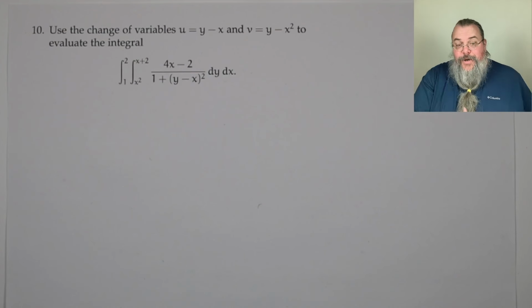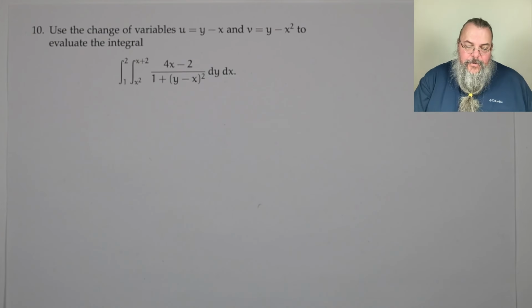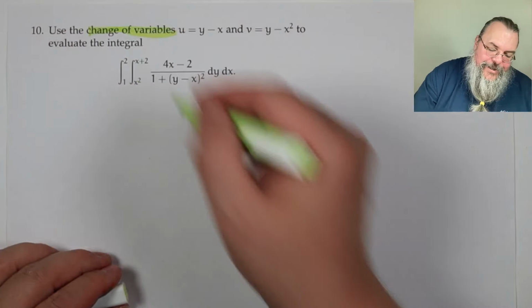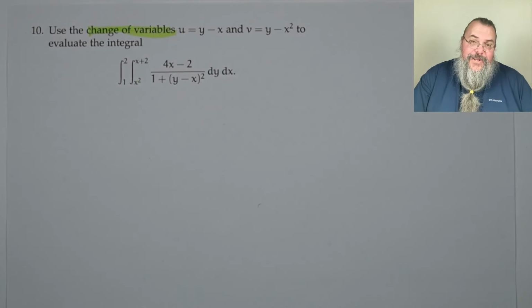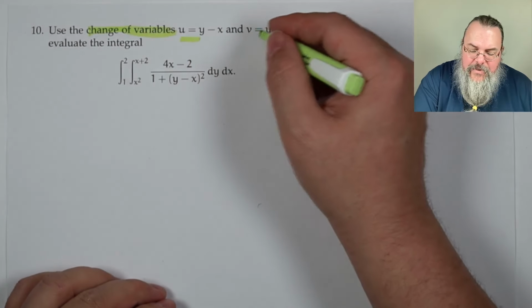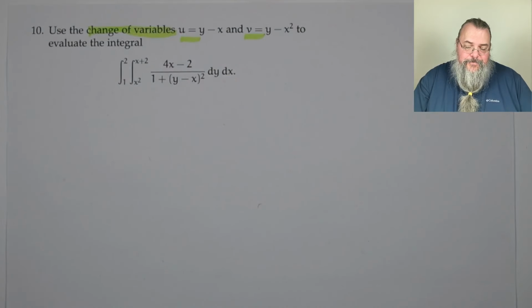Now, what kind of problem is this? Change of variables. What gives it away? Well, because it says change of variables, that's a very strong clue. But there's other things going on here. You know, they gave us a u equals, v equals, and that's a very good clue.